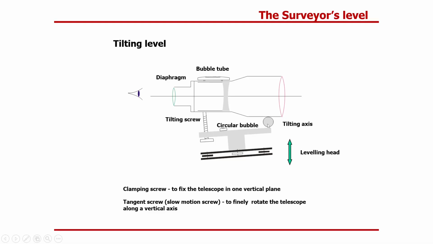This is a tilting axis that allows us to change the direction of the sight axis. And also the instrument is connected to the tripod with 3 screws. Clamping screw to fix the telescope in one vertical plane, tangent screw, slow motion screw, to finally rotate the telescope along the vertical axis.